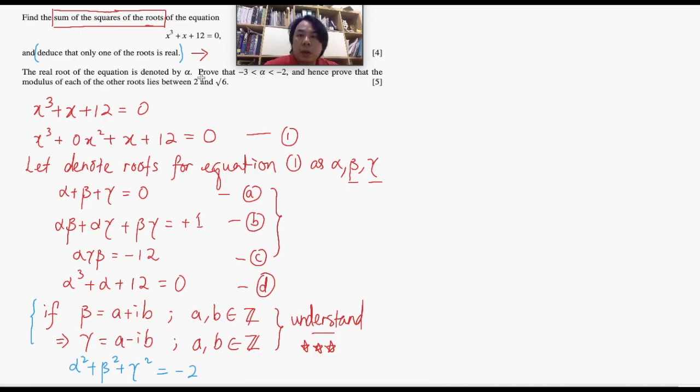Alright. Now next, how are we going to prove that the real root alpha actually lies in between here? Right. Now, as I said, from property D that we have deduced, we can actually write down alpha cube plus alpha plus 12 equal to 0 there, right?